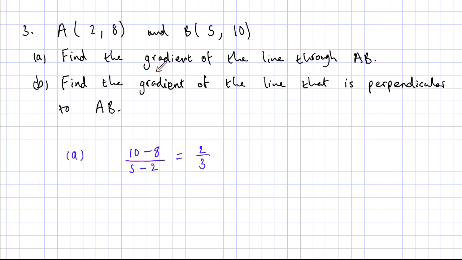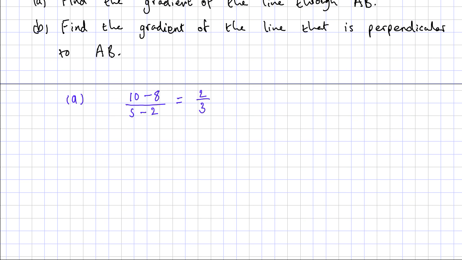Now find the gradient of the line that is perpendicular to AB. Now, to find the gradient of the perpendicular line, I know that it must satisfy this. So if I have a gradient, I'll call it m1, and I multiply it by m2, which is another gradient, if the answer is -1, then these gradients will give me perpendicular lines.